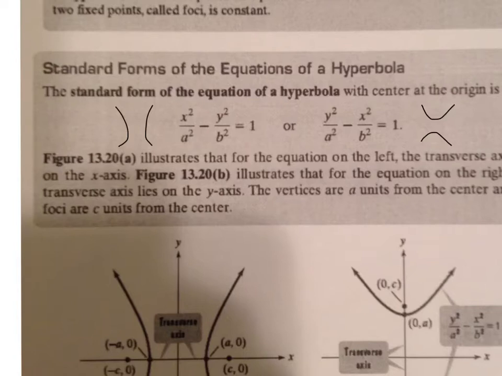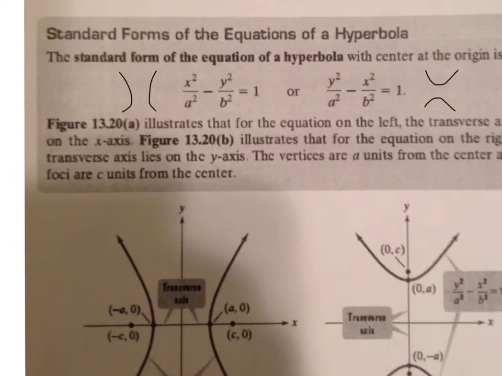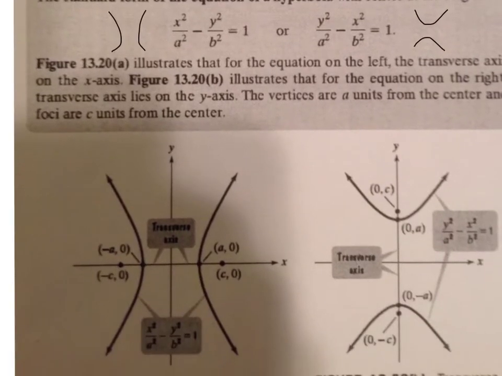And the vertices of these, let me go back down here to the picture. The vertices are right here at the furthest points, either furthest left and furthest right, or the furthest points on the bottom and top of the vertical ones.